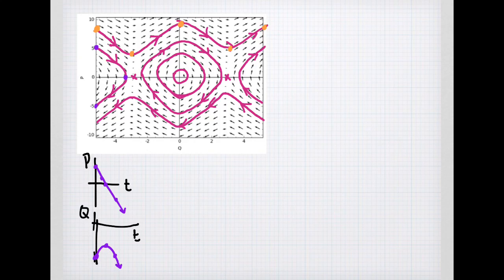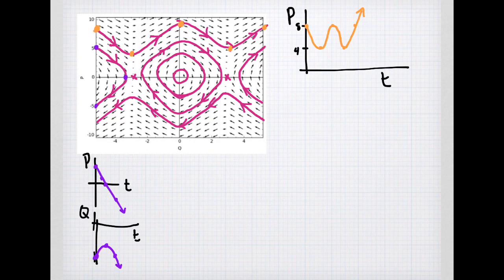So if I were to draw my axes, my time, my p variable, I'm going to go from 8 to 4 to 8 to 4 to 8. And now I can draw my curve. We expect some sort of oscillation, 8 to 4 to 8 to 4 to 8, and then it probably just goes on forever.